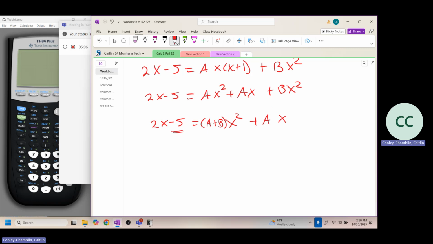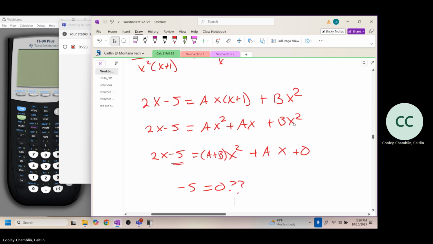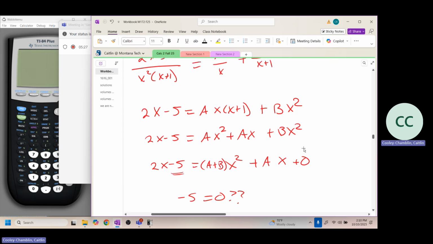We have nothing for our constants, so plus 0, so I get automatically negative 5 equals 0. That's an issue. So neither one of those ways work. So how can we do this?